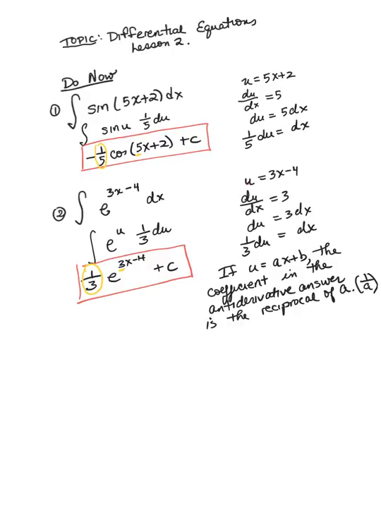So if we want to integrate sine of 5x plus 2, we take the antiderivative of sine, which is negative cosine. We carry down the u and multiply it by 1/5. And the antiderivative of e to the 3x minus 4, well, e to the u, the antiderivative is itself, but we multiply it by 1/3.